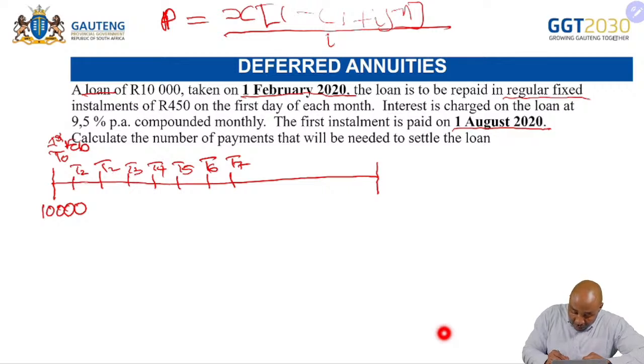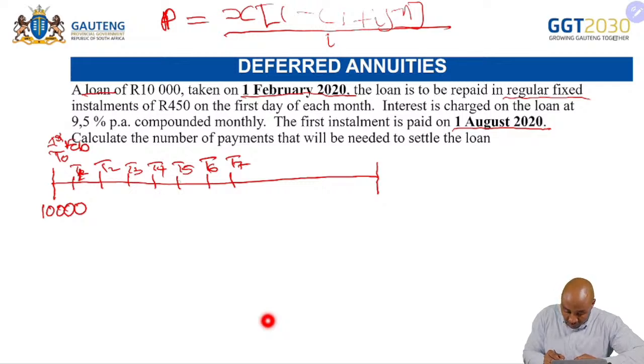So 1st of February, 1st of March, T1, no payment is made. 1st of March, T2, no payment is made. 1st of April, that's T3, no payment is made. 1st of May, that's T4, no payment is made.